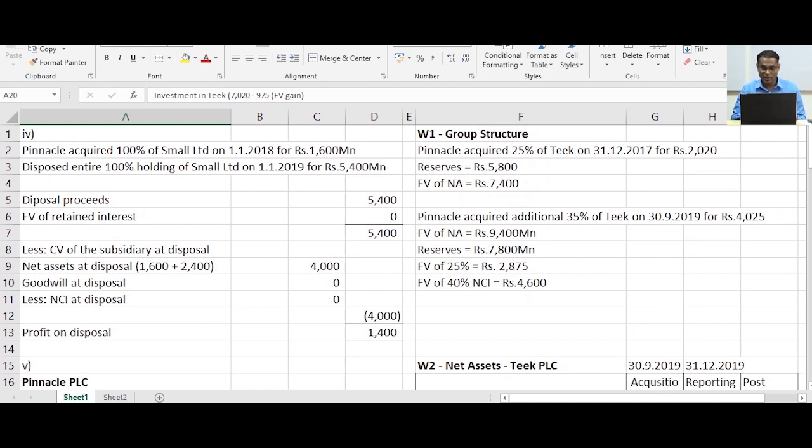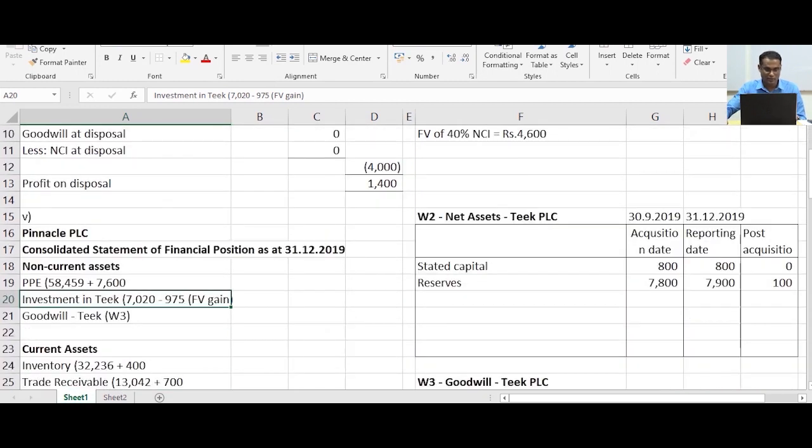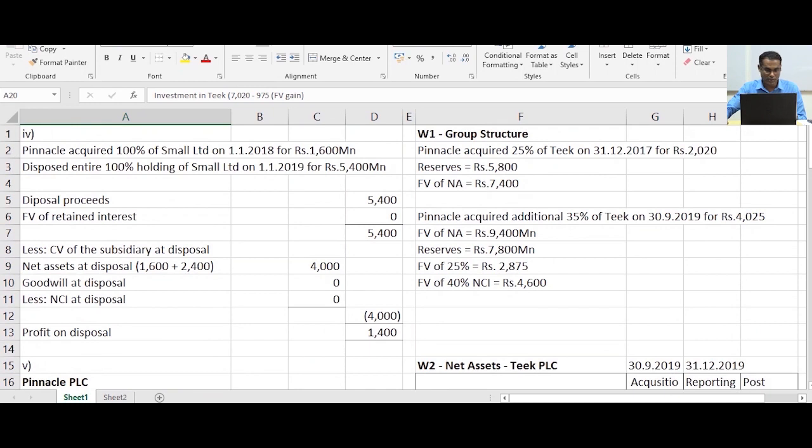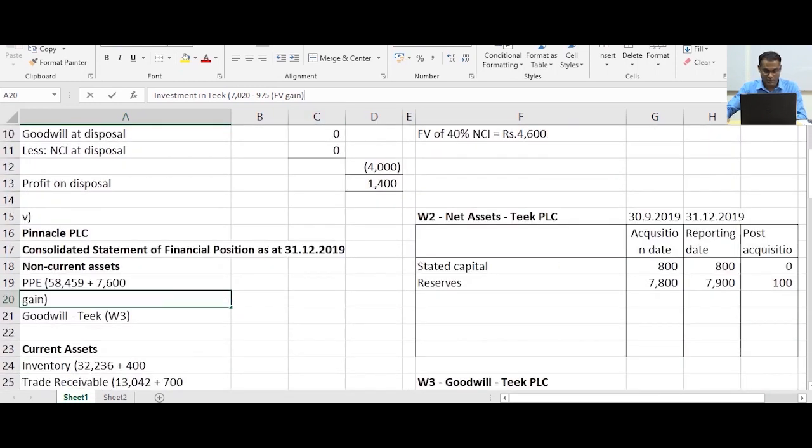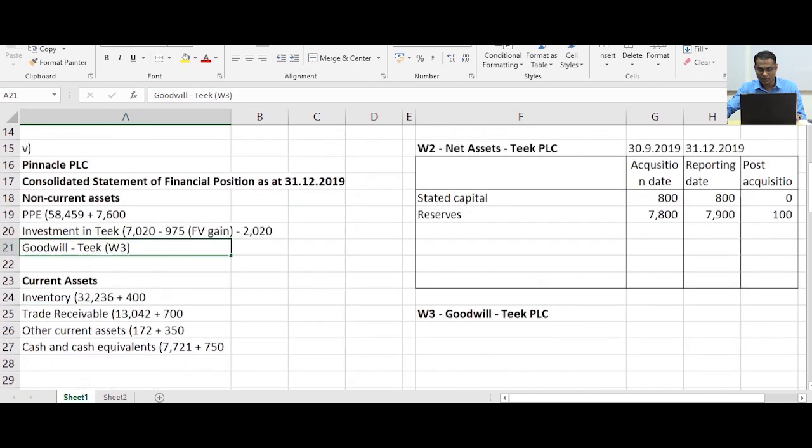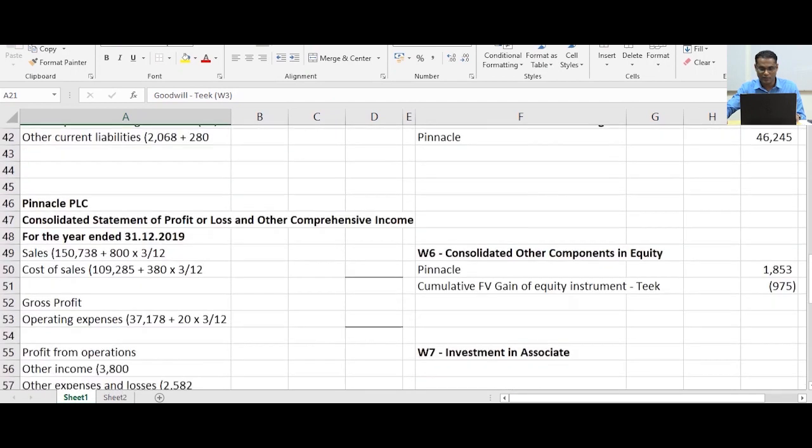Equity accounting means I take the initial investment of 2020, credit 2020 here out of this investment figure, and debit it to the investment in associate account, working number 7.